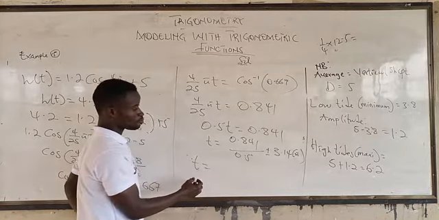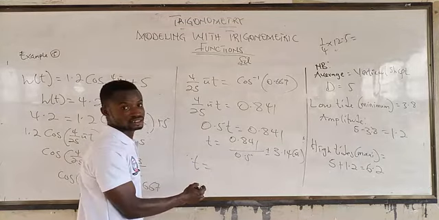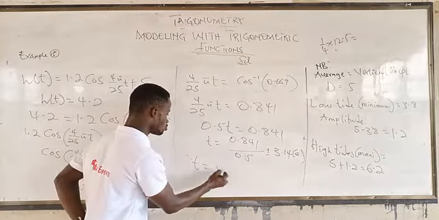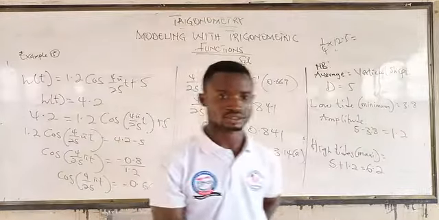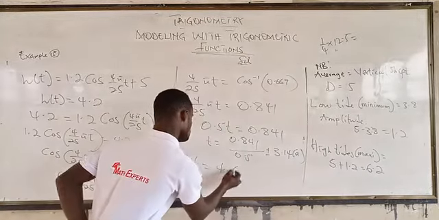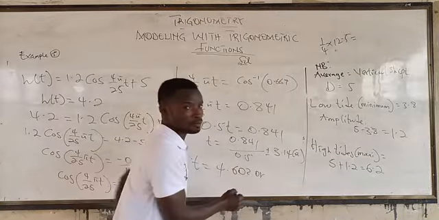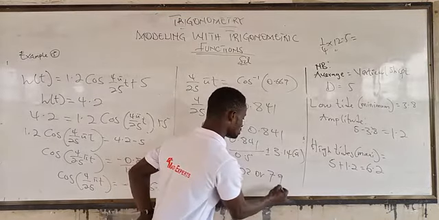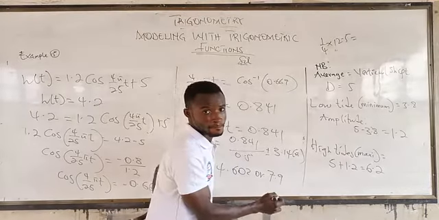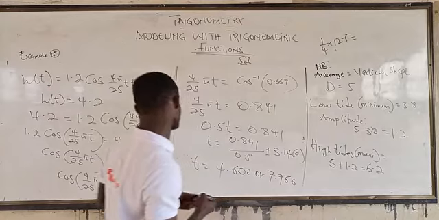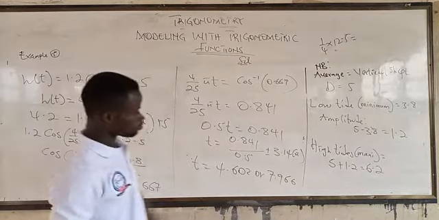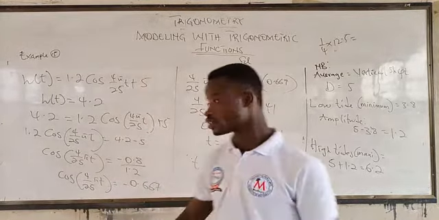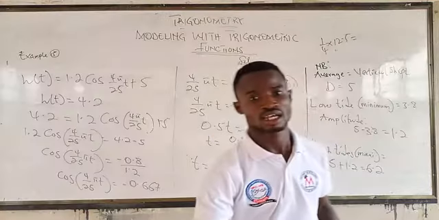So you end up getting t to be equal to 4.602 or 7.966. Alright, so follow the procedure and get t. So that's going to be your time for that.